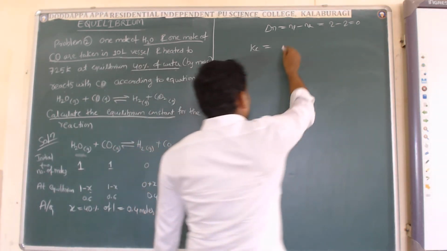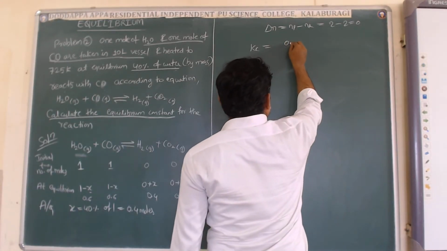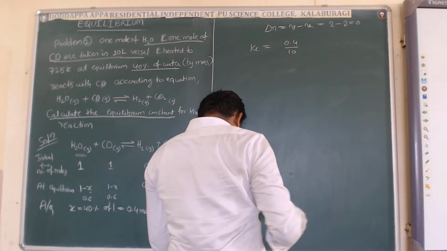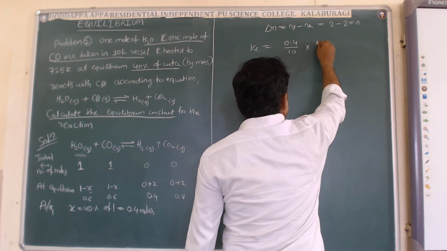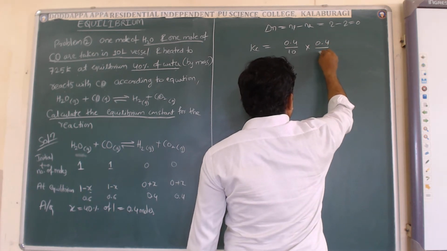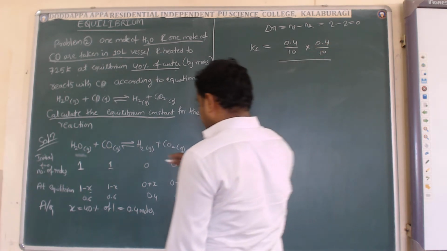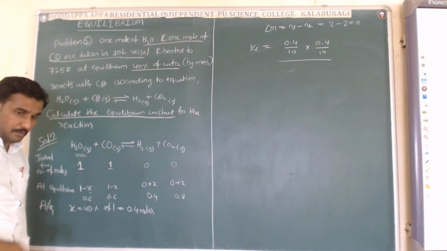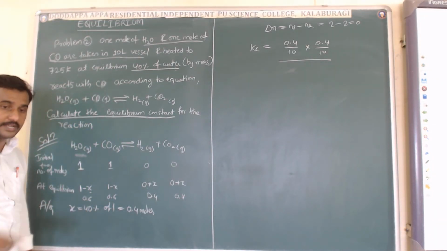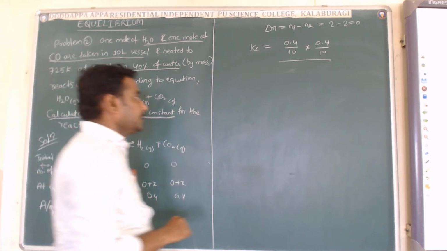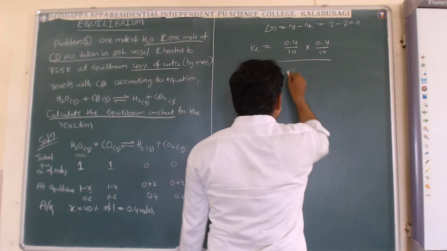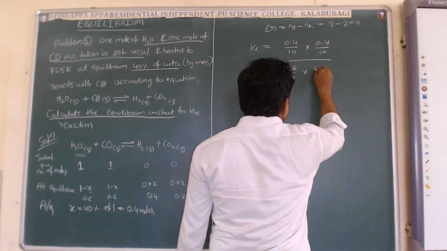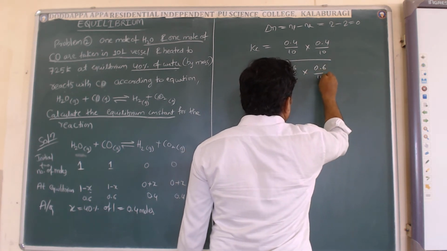Then here we have 0.4 divided by 10, multiplied by 0.4 divided by 10, since this also becomes divided by 10. Next, for H2O, how many moles are there? 0.6 moles are remaining here. So write 0.6 by 10 into 0.6 by 10.